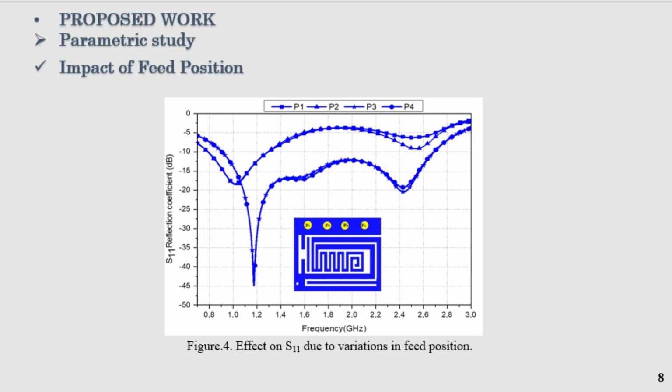After exploring various positions, it's evident that position 4 is optimal. In conclusion, the feeding point's location is crucial to ensuring stable impedance matching, controlling resonance frequencies, and enhancing the performance of antennas.